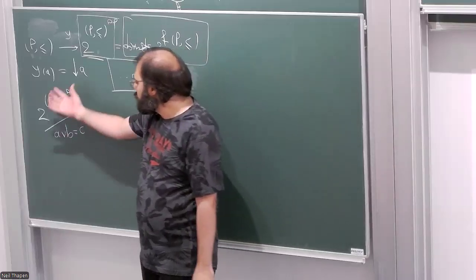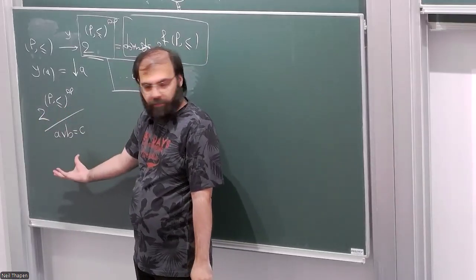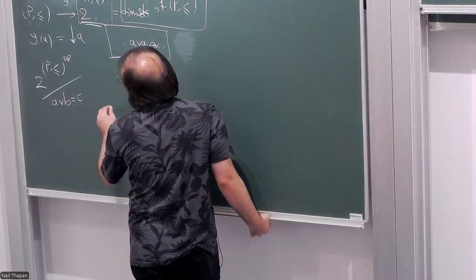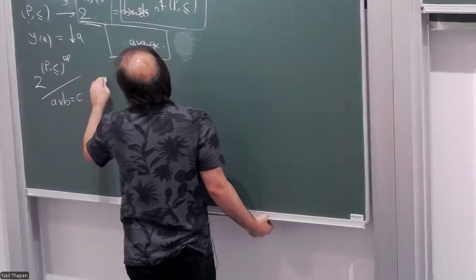And then I want to somehow construct this guy. The good thing is that in order theory, we know how to do this, and it is just very simple.